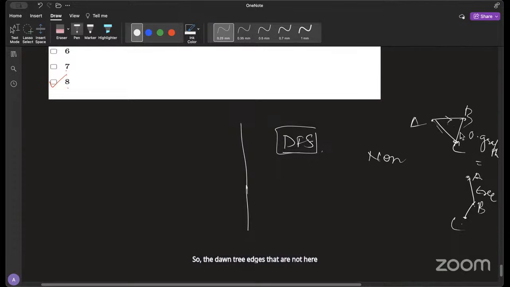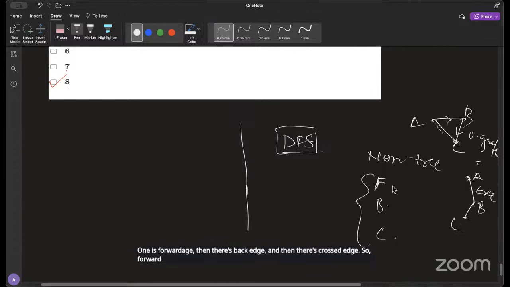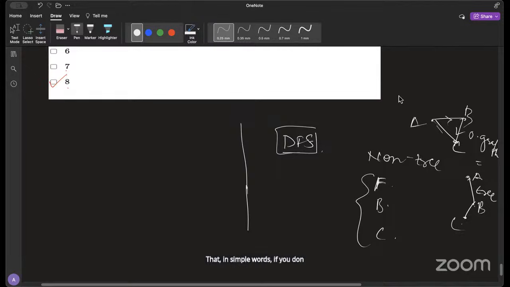And in that case too, you have 3 types of non-tree edges. One is the forward edge, then there's the back edge, and then there's the cross edge. So forward edges are the ones that are pointed in that direction. In simple words, if you don't want to go by the definition of post and pre numbers, you can simply take, if this is a cycle and you take C to A, then that's a back edge because it closes a cycle.